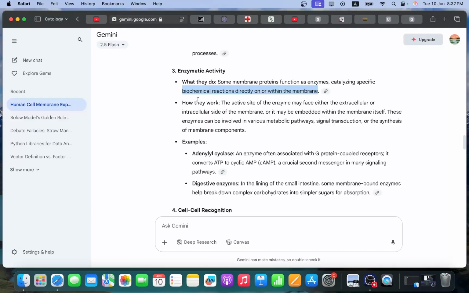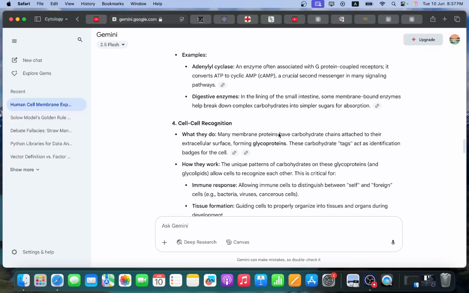How they work: the active site of the enzyme may face either the extracellular or intracellular side of the membrane, or it may be embedded within the membrane itself. These enzymes can be involved in various metabolic pathways, signal transduction, and the synthesis of membrane components.